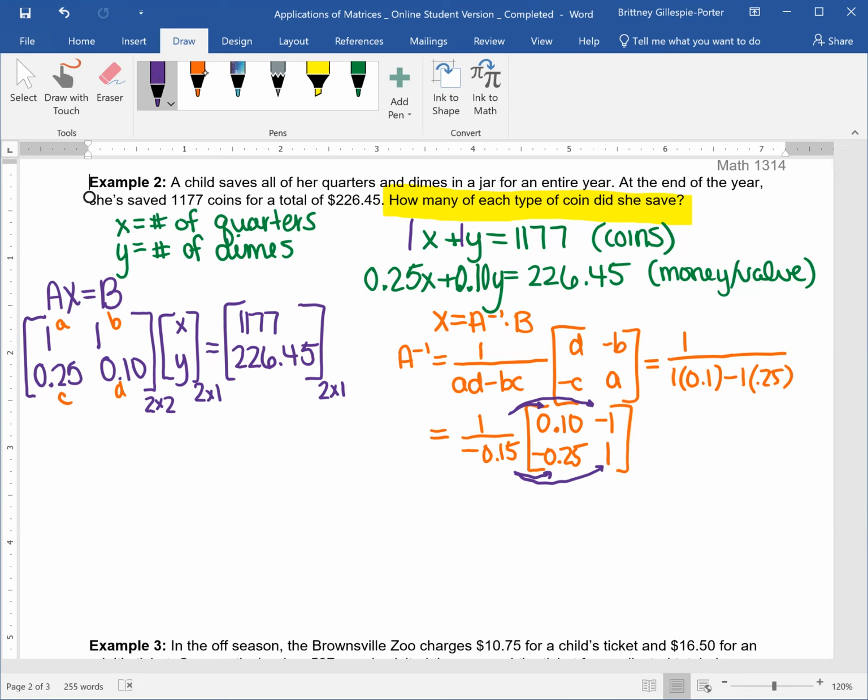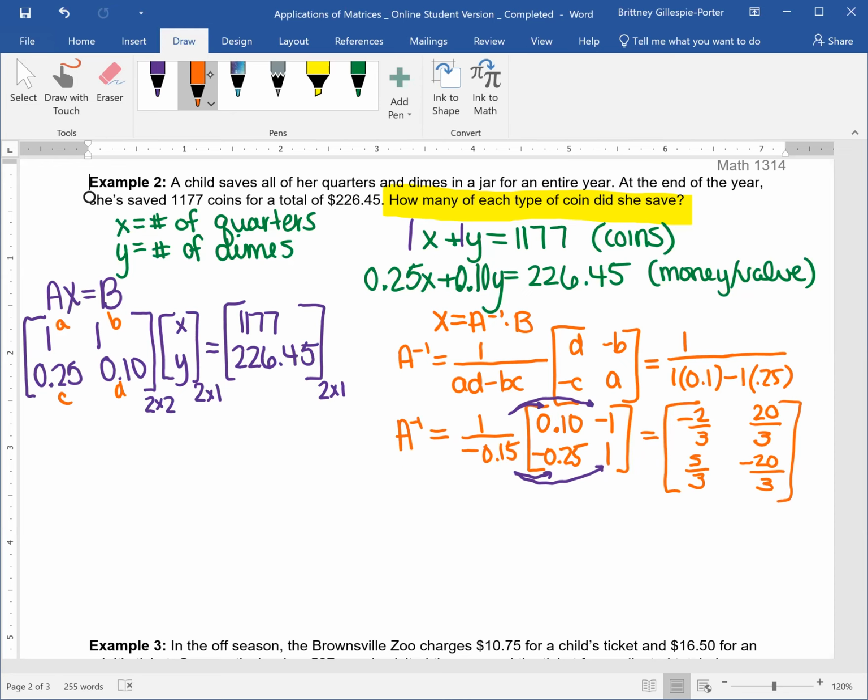When you get decimals this time, convert back into fractions. And you should get negative 2/3, because you wind up having positive 0.10 all over negative 0.15, then 20 over 3, 5 over 3, and negative 20 over 3. So there's our A inverse.